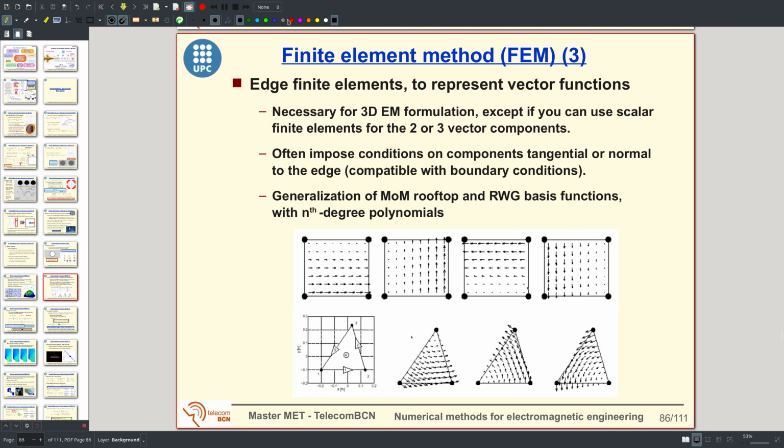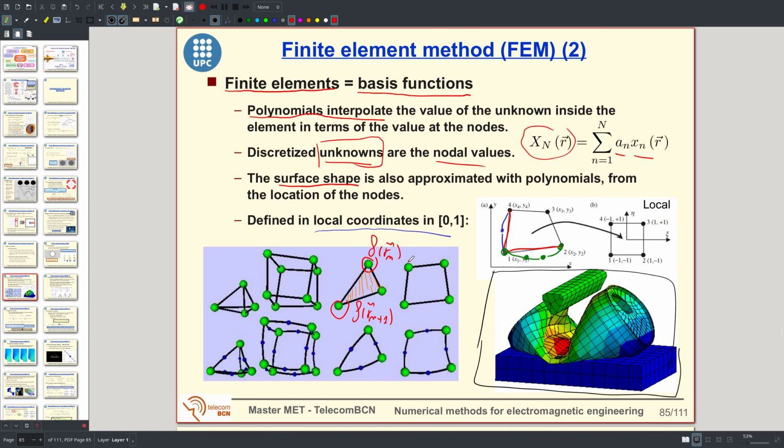When we have vector functions like the electric or the magnetic field, we have two options. We either discretize the three components of the field, for example Ex, Ey, Ez, the three components of the electric field, using scalar finite elements like those here that just interpolate the value of the unknown.